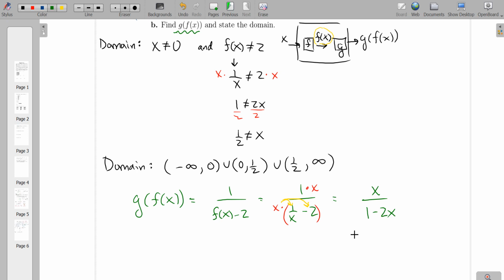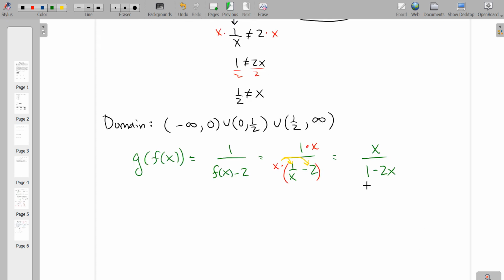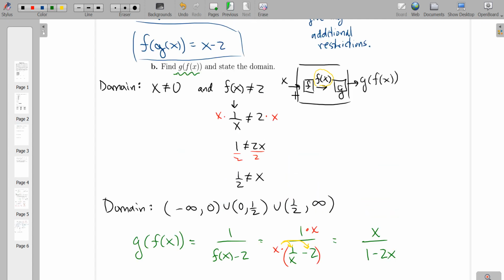So this again just reminds us of the other way we can approach these: if you're asked for the domain, you can start by simplifying your composition, then figure out the domain of your simplified function at face value, and that would yield that x should not be a half. But then you just remember, oh yes, and also I have to check the domain of the inner function, right? And so then that would say, oh yeah, and also x should not be 0.